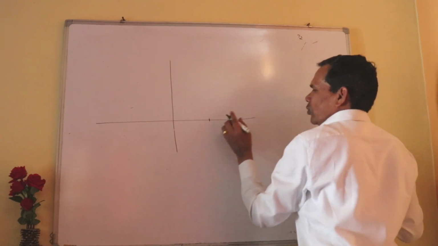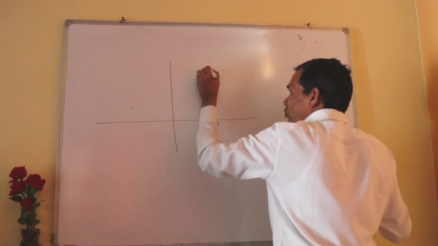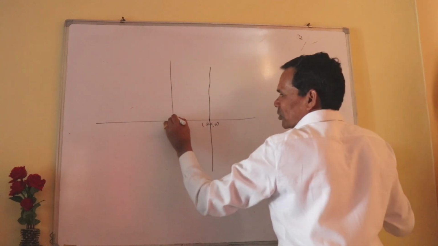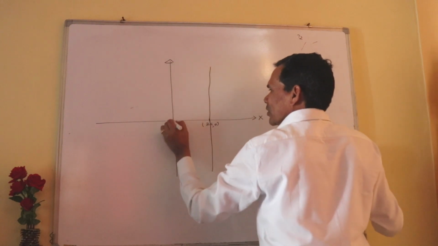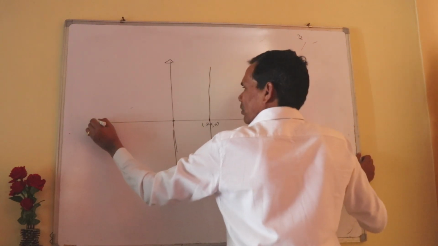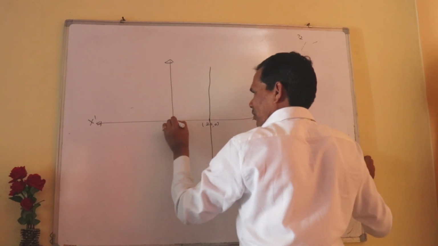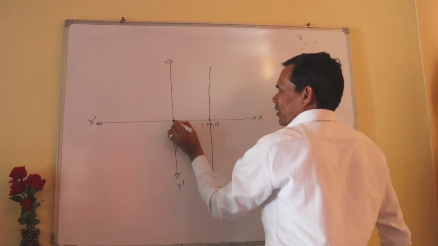So (2a, 0) is this particular point. This is the asymptote x is equal to 2a to this curve. x-axis, y-axis, this is the origin, x dash, y dash.